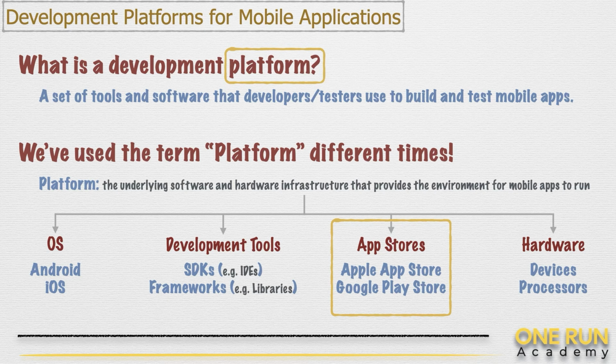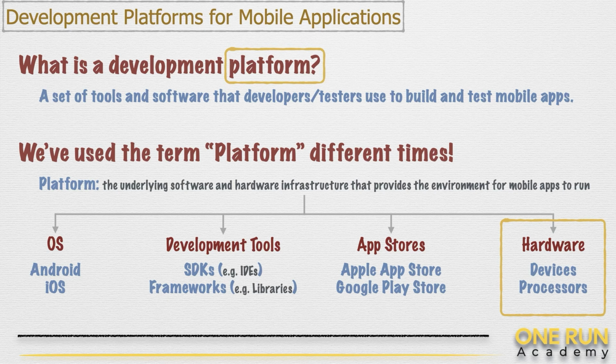Revisit Chapter 3 if you don't. Lastly, there is hardware. These are the physical devices, such as smartphones, tablets, and the processors inside them. Testing across different hardware configurations ensures compatibility and performance across a variety of devices.